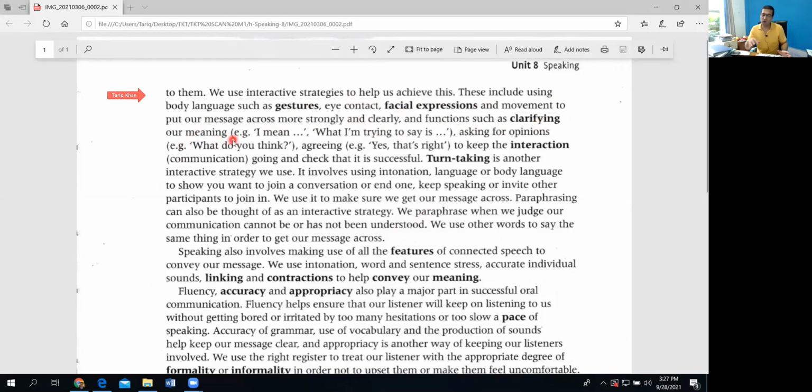So when we want to say something, we use all this body language and facial expression. Eyebrows go up and the eyes sometimes come out when we want to emphasize something. These are the things that make the interactive strategies of a speech more effective.